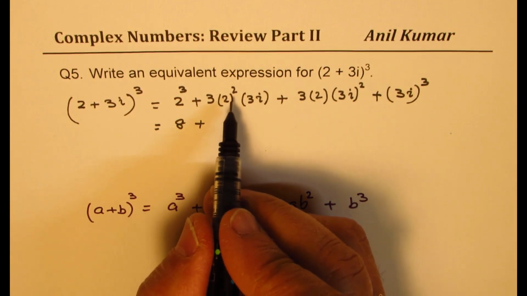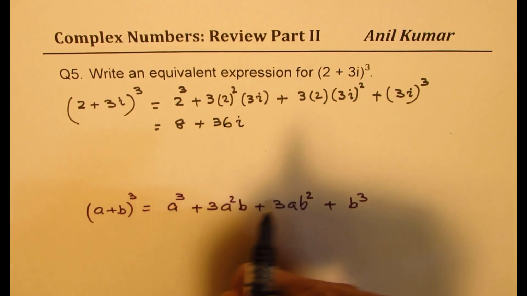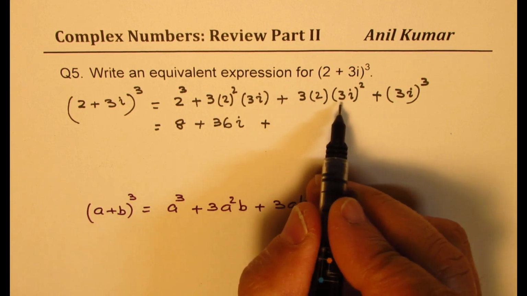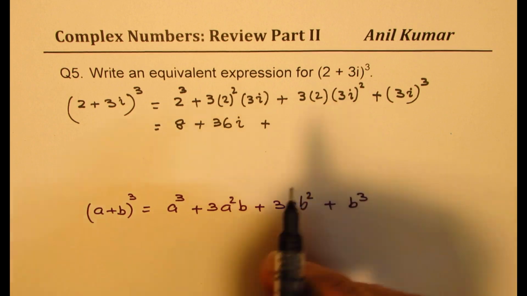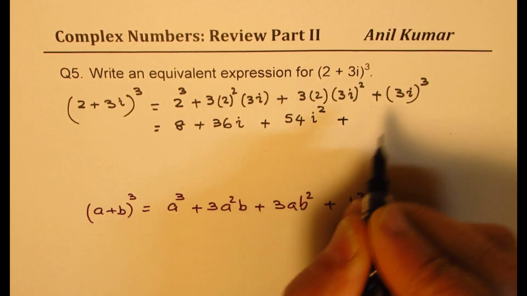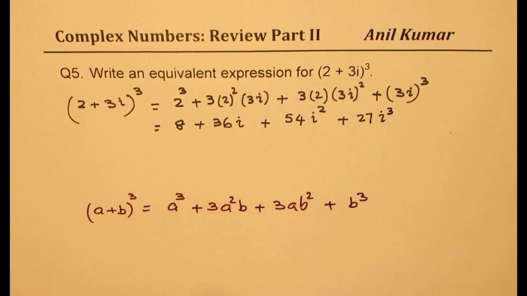Now here we get 4 times 9 as 36i, and then we have here 3 times 2 is 6, 6 times 9 is 54 i square, right, plus 3 cube is 27 i cube.